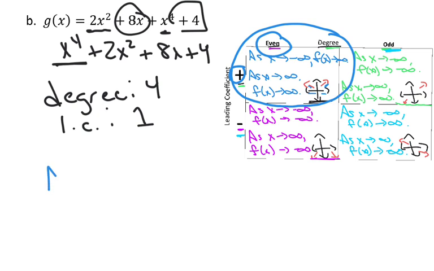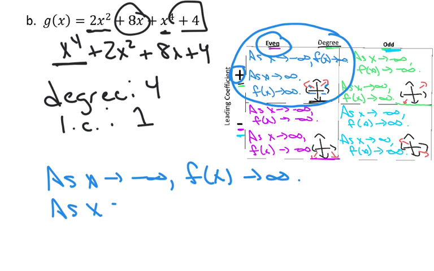So to write our answer, we're going to say as x approaches negative infinity, that means that f of x approaches infinity, which I'm just pulling straight off that chart. And as x approaches positive infinity, then f of x also approaches positive infinity.